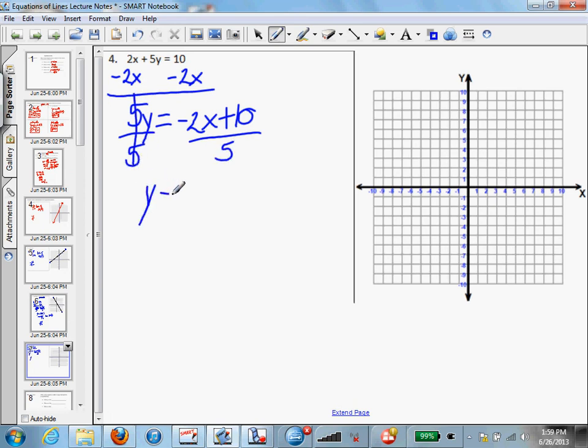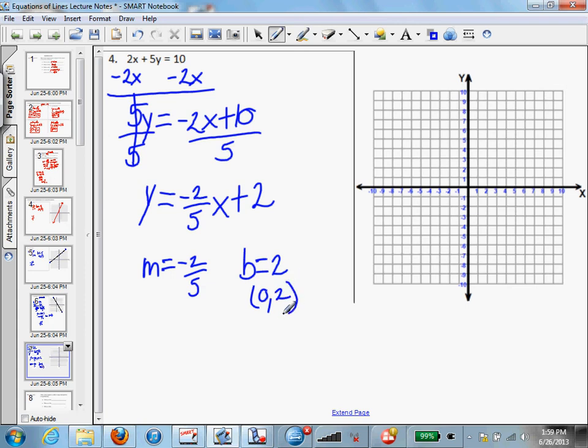This is going to leave you with y equals negative 2 over 5x plus 10 divided by 5 or just 2. So that means your slope is m equals negative 2 over 5 and then b equals 2. Or that just becomes the point 0, 2.